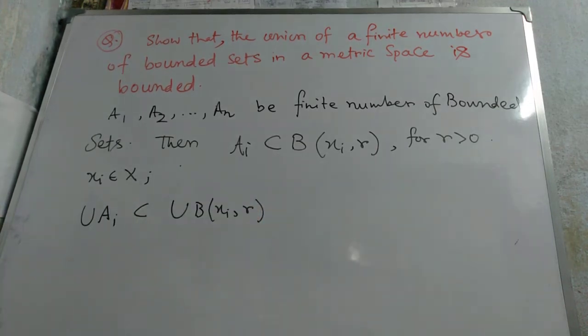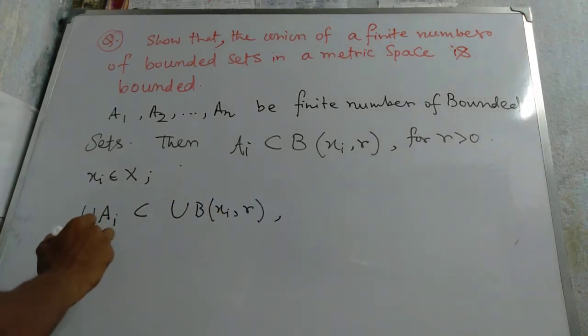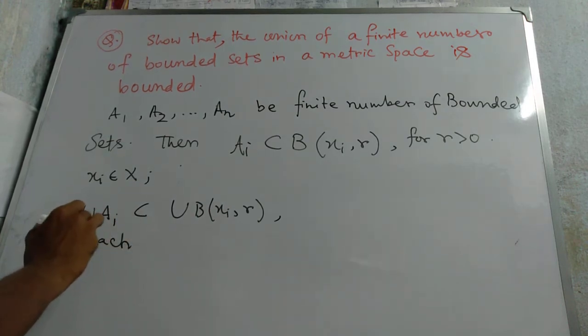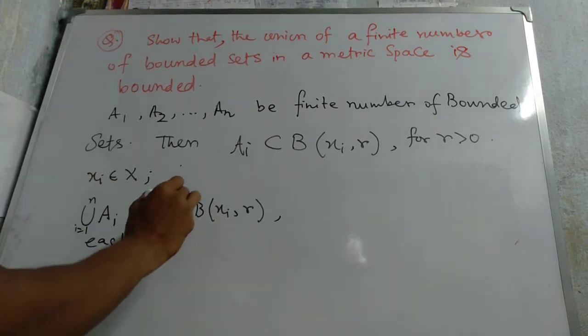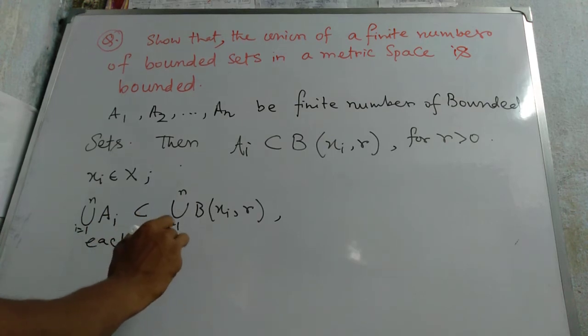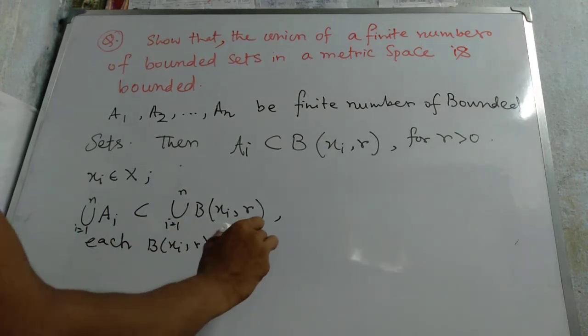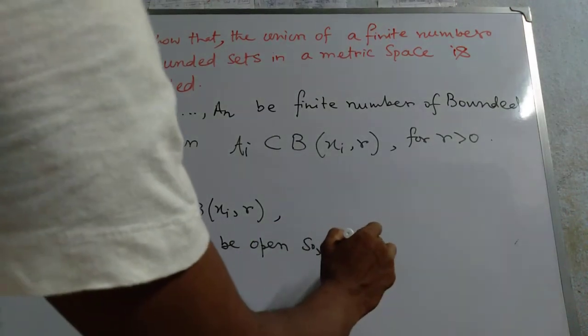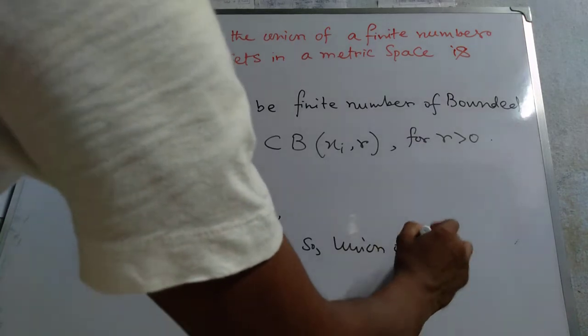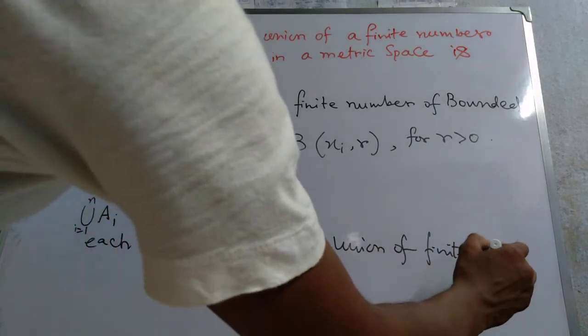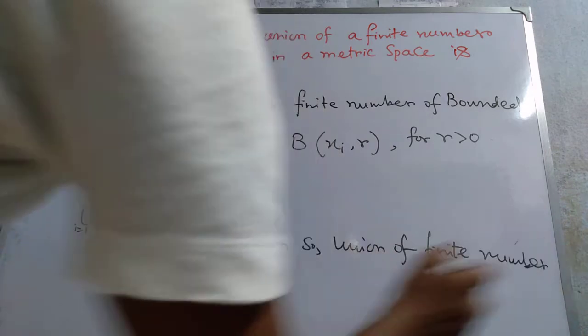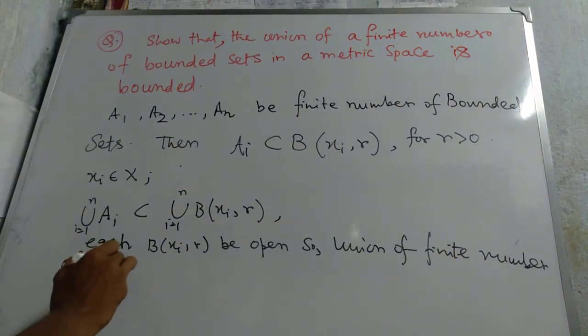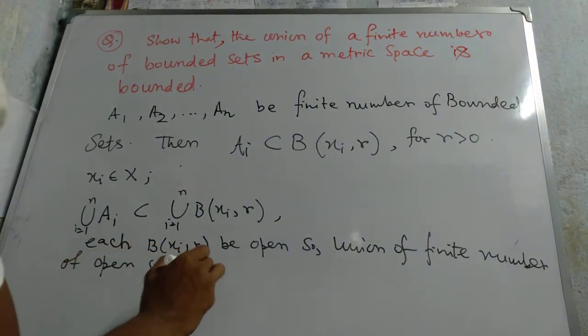Then this B(xi, r), here i equals 1 to n, each B(xi, r) is open. So the union of a finite number of open sets is open.